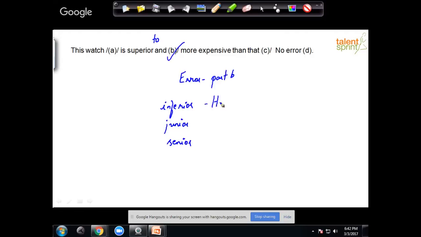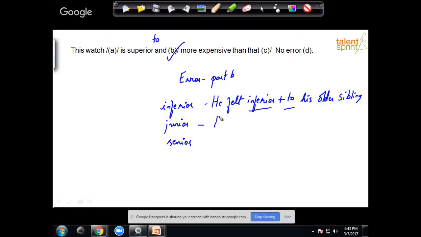Quickly, some example sentences: he felt inferior to his older sibling. Inferior to. So that's the next rule that you need to remember. When you're comparing these sort of adjectives ending in IOR, superior to and more expensive than that.